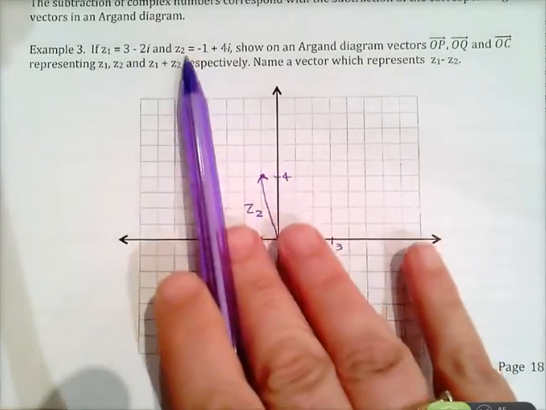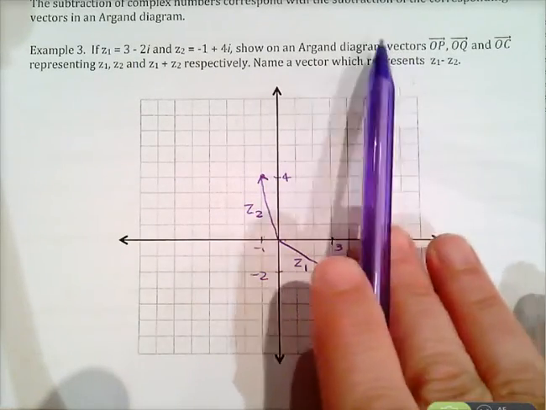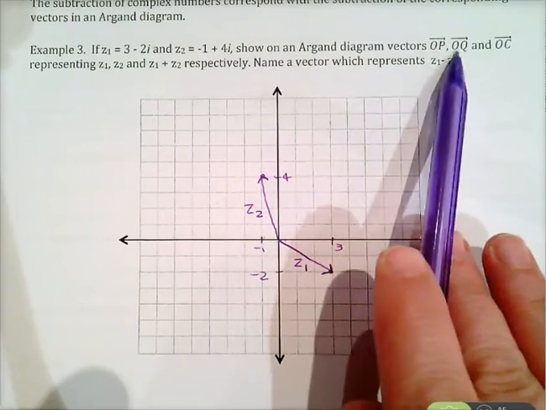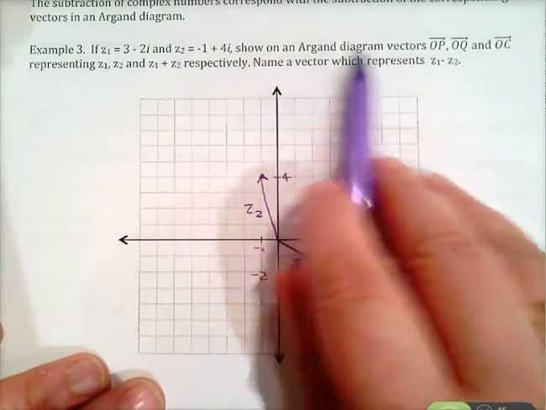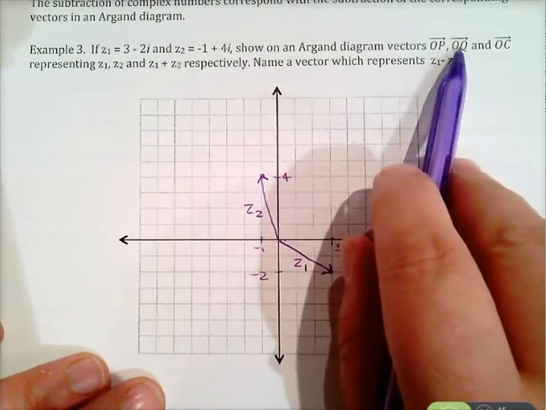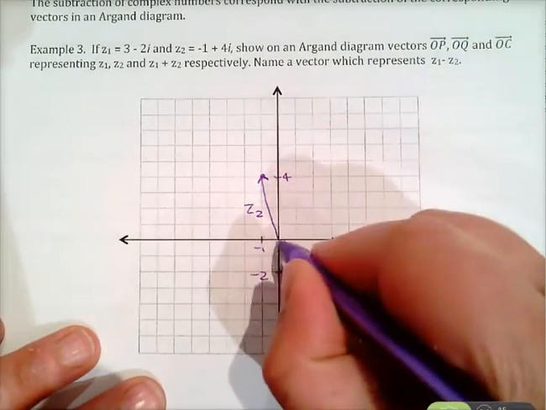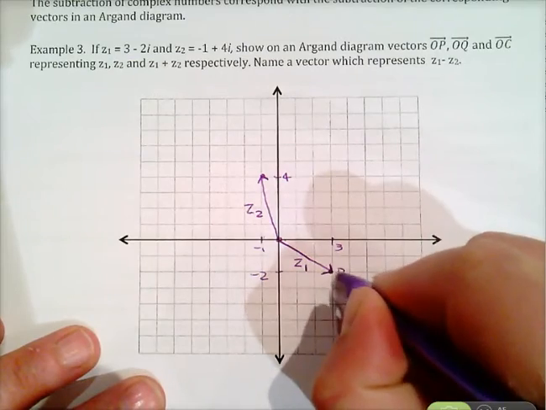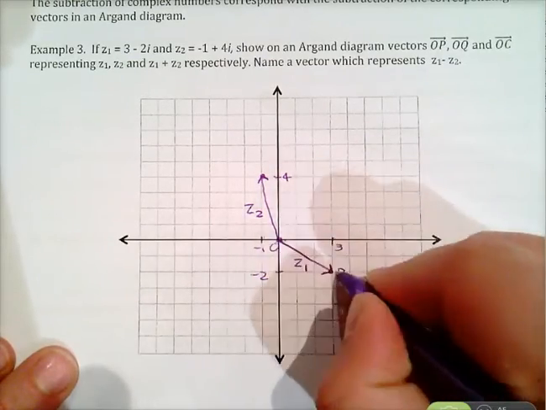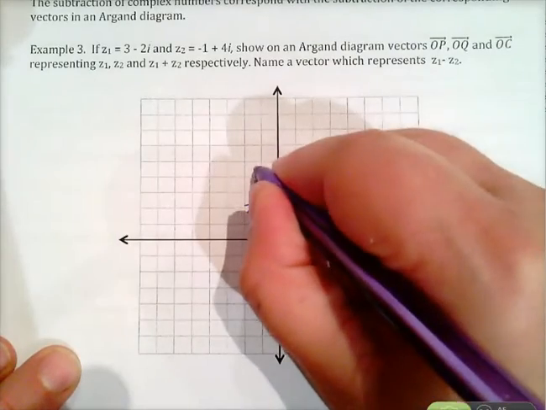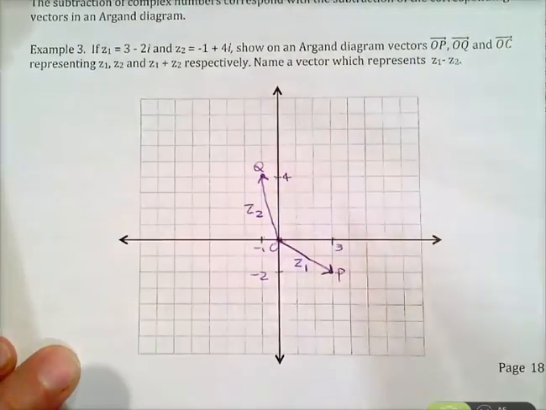So if Z1 and Z2, show on an Argand diagram the vectors OP and OQ, so this is the origin, this is O, so this would be point P because that's OP, and OQ, so this is the point Q, okay?